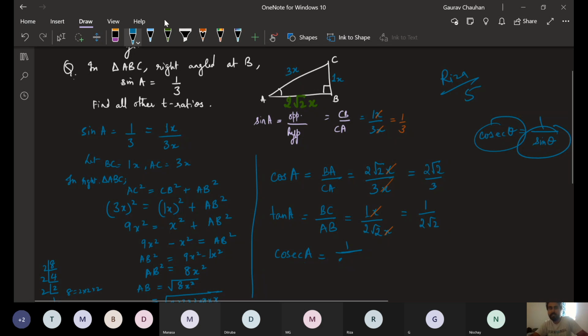In place of theta, we are writing A. So what will happen on the right side? 1 by sin A. So cosec A is equal to 1 by sine A. Okay, Mansa? Good so far?